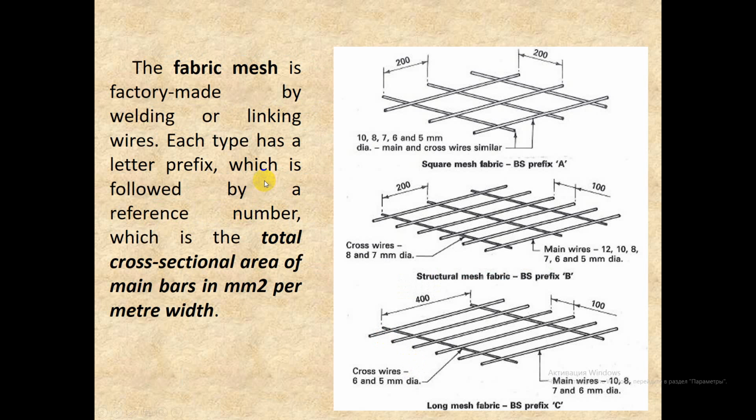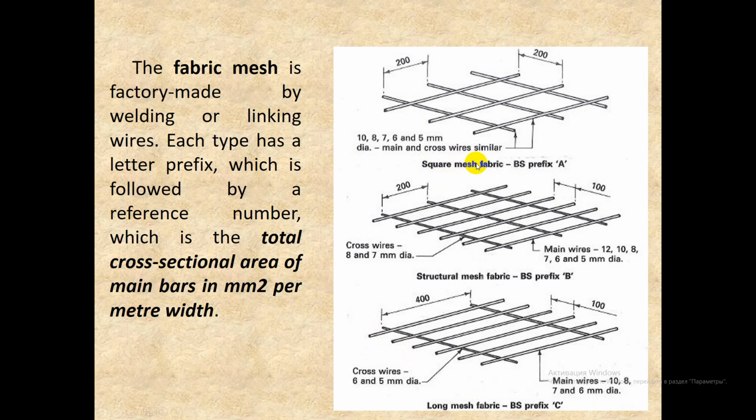The fabric mesh is factory made by welding or linking wires. Each type has a letter prefix which is followed by a reference number, which is the total cross-sectional area of main bars in square millimeters per meter width.